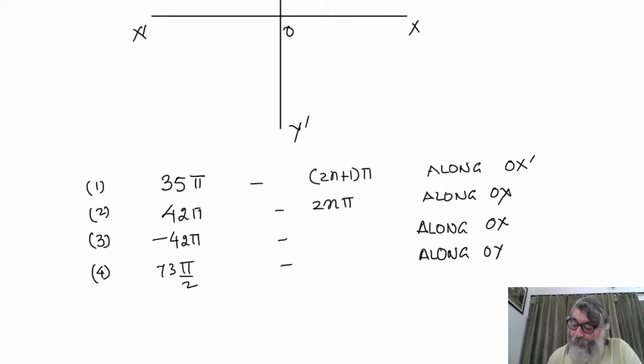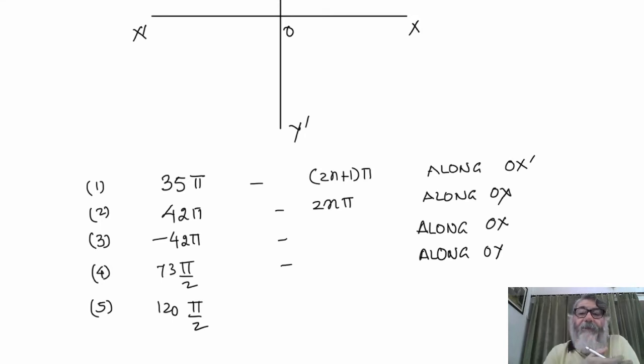Now next is 120 pi by 2. You see, when we said odd, we were using the word odd multiples of pi by 2. Here I am getting an even multiple of pi by 2.